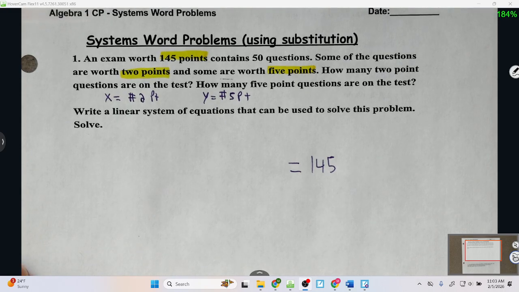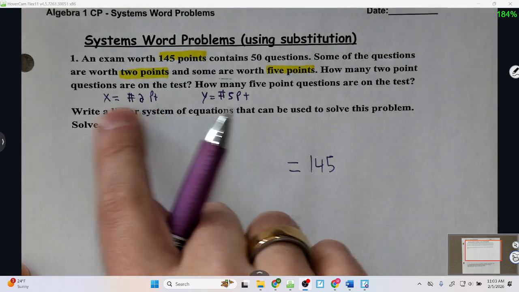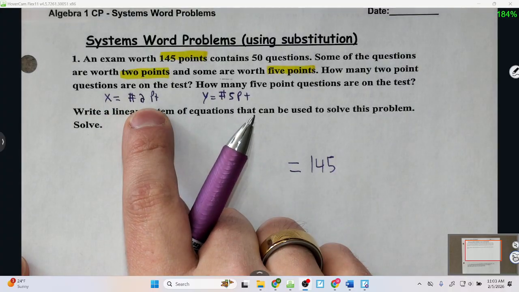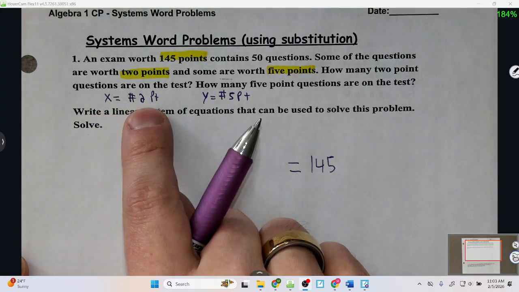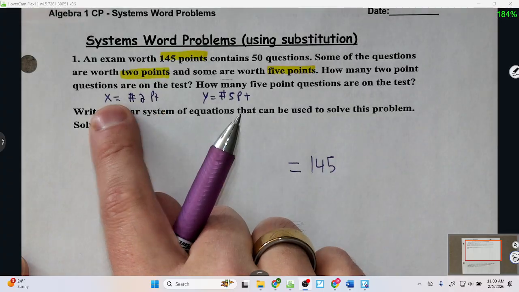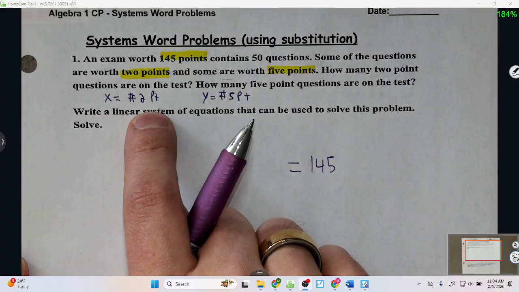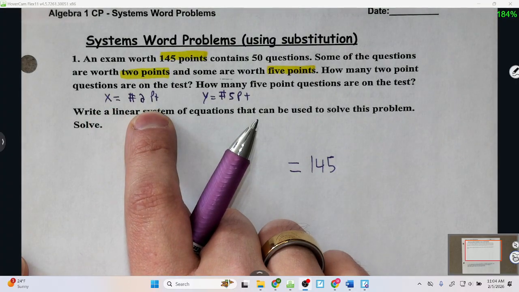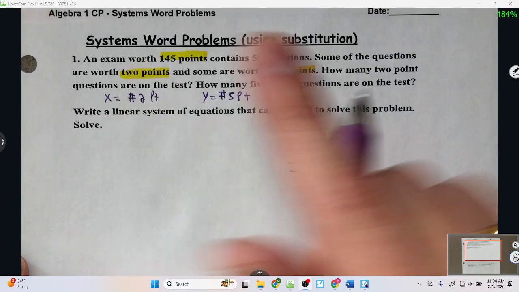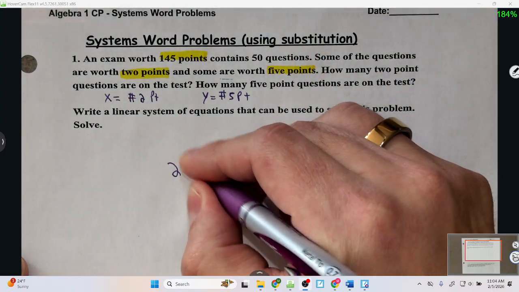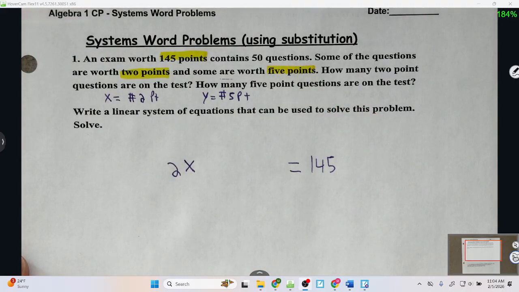So that means if we took the number of 2-point questions and multiplied it by 2, let's say we had 6 2-point questions, that'd be 12 points. 8 2-point questions, that'd be 16 points. 20 2-point questions, that'd be 40 points. So we're going to take 2 and multiply it by the number of questions.